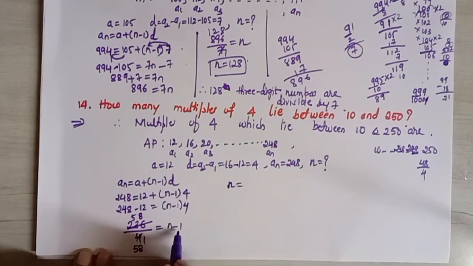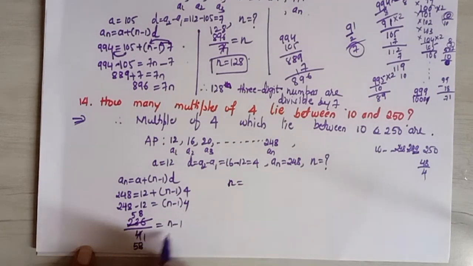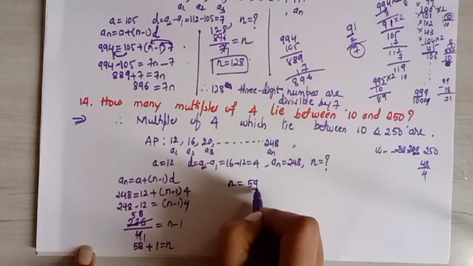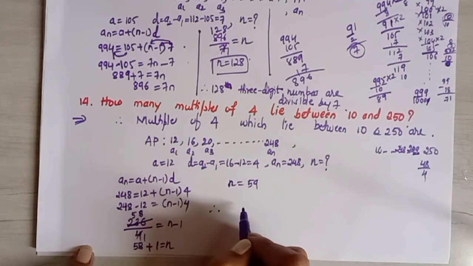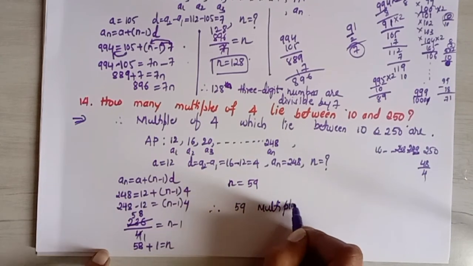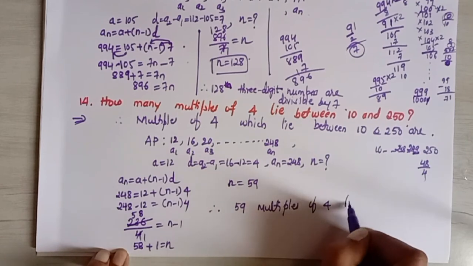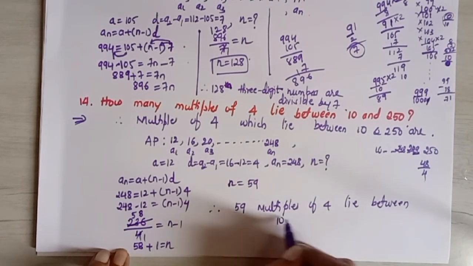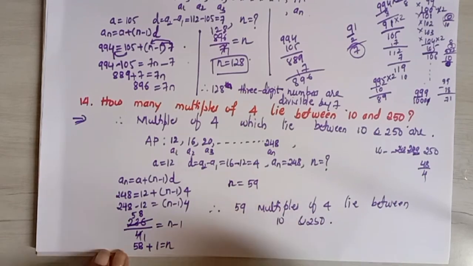Let us take this minus 1 to the left hand side. So this will be plus 1, which is equal to n. Therefore n is equal to 58 plus 1 is 59. Therefore 59 multiples of 4 lie between 10 and 250.